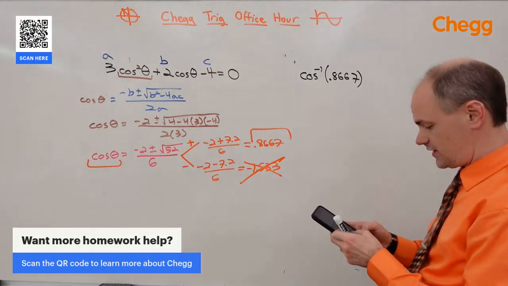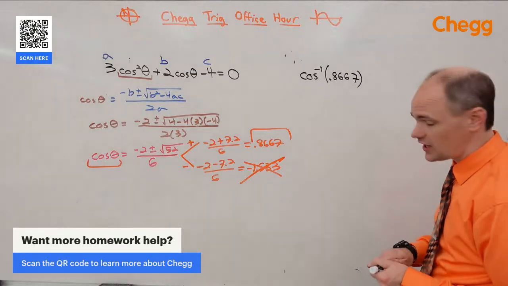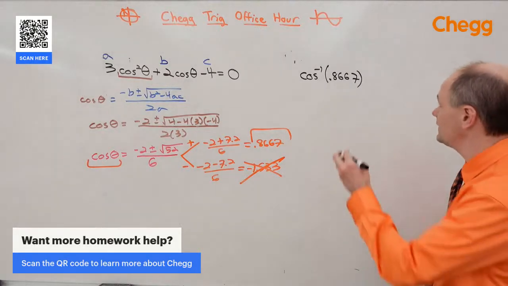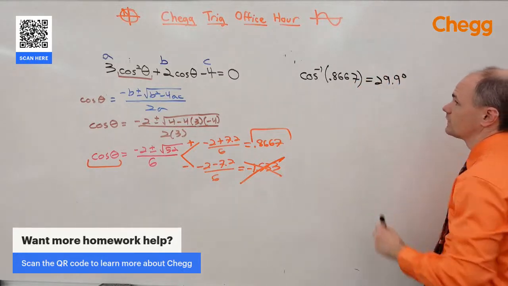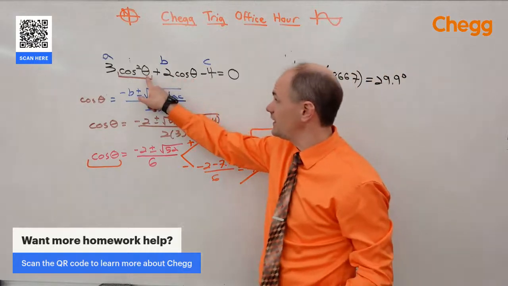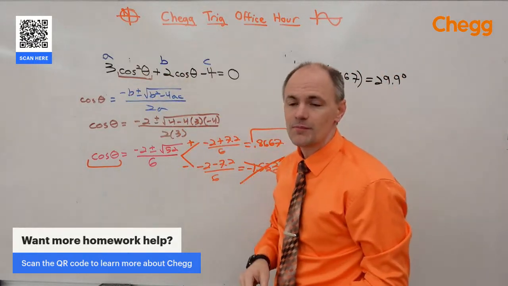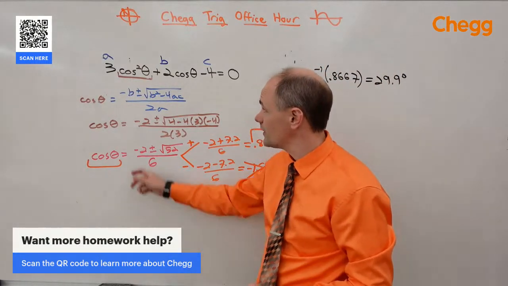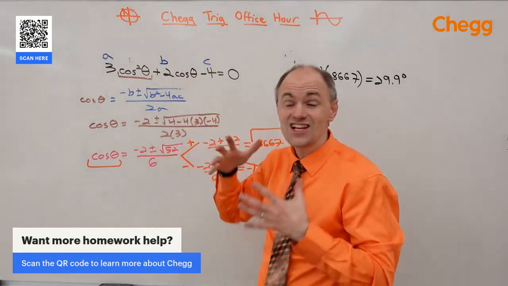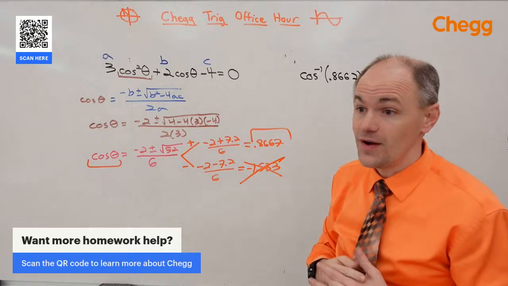That's going to be just shy of a 30-degree angle, 29.9 degrees. So if our angle theta is 29.9 degrees, this equation ends up being equal to 0, using the quadratic formula, because cosine squared and cosine just act like our x's. Algebra works the same way.